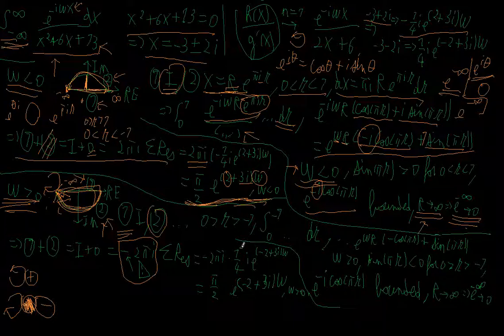I haven't written it again because it's the same, but t is between 0 and minus 1, because we are moving in the lower half plane in a clockwise direction. t would be between 0 and 1 for the first case, not the second case. So we're moving like that. Still, everything is the same, relatively.